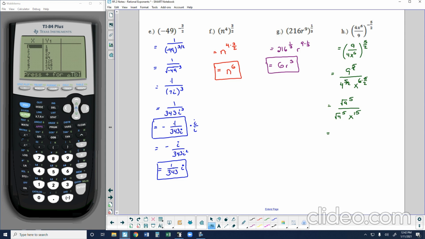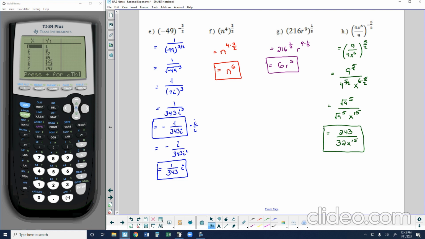The square root of 9 would be 3, and if I take 3 to the 5th power, I can rewrite that as 243. The square root of 4 would be 2, and 2 to the 5th power would be 32. So my final answer for this one would be 243 over 32x to the 15th power.